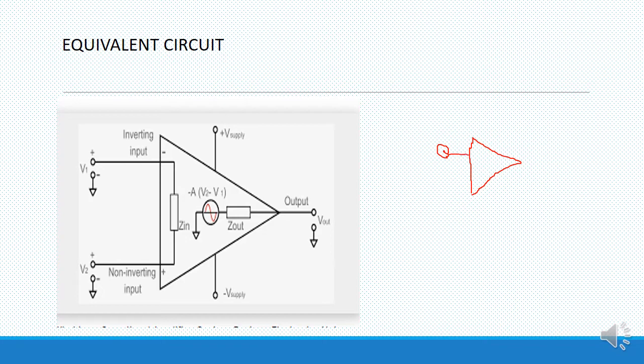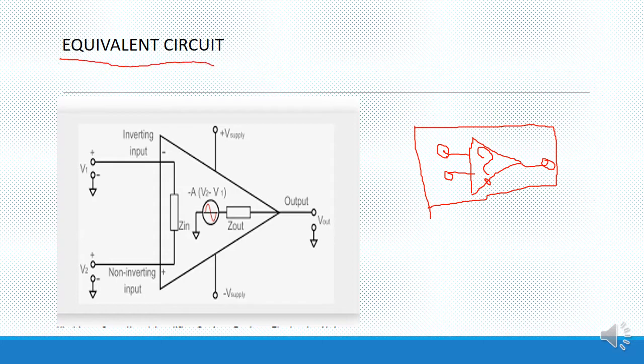It has two inputs and only one output. But we don't know what is inside of this operational amplifier. So today you are going to see what is called the equivalent circuit of the operational amplifier.